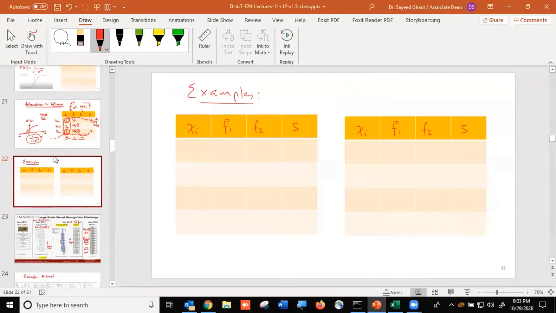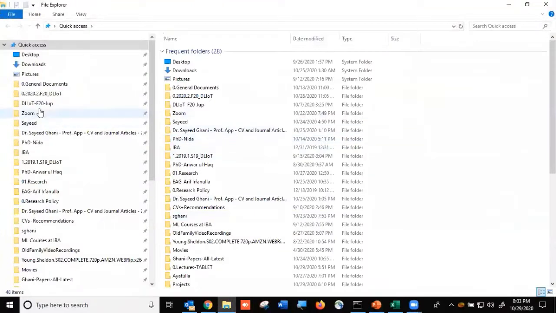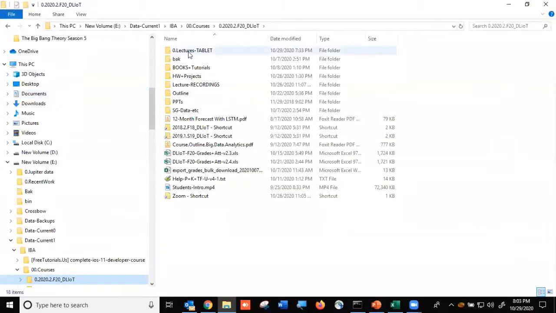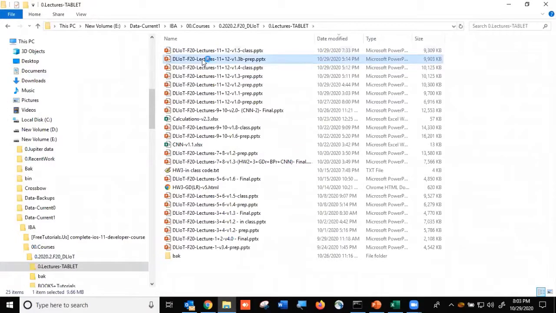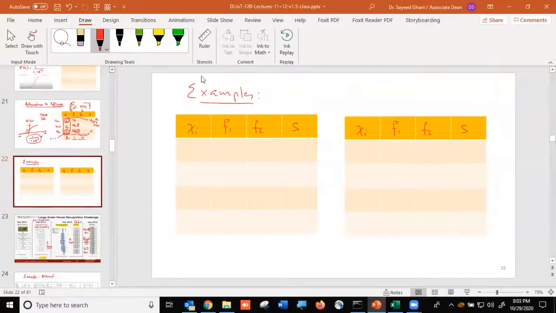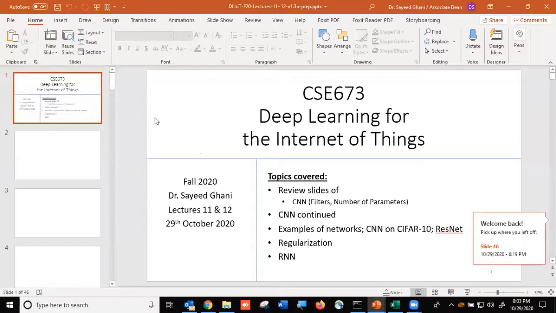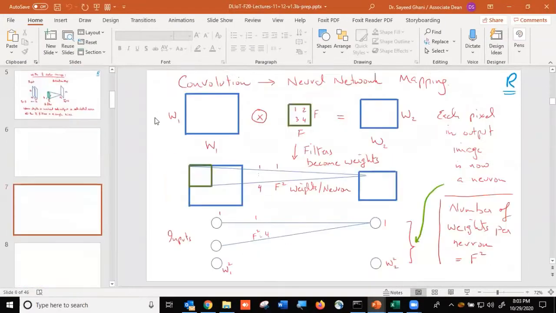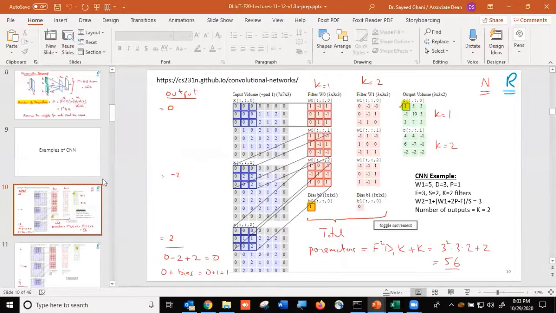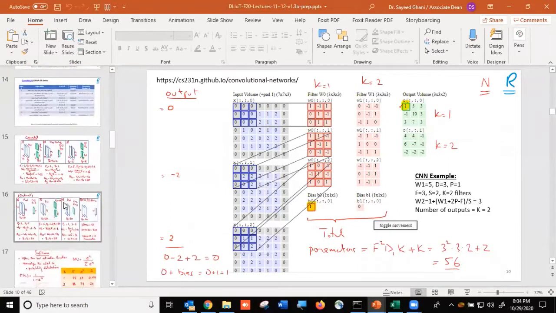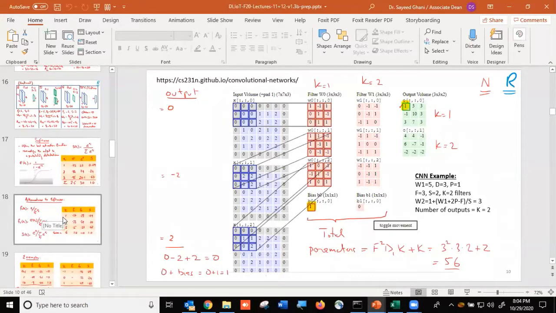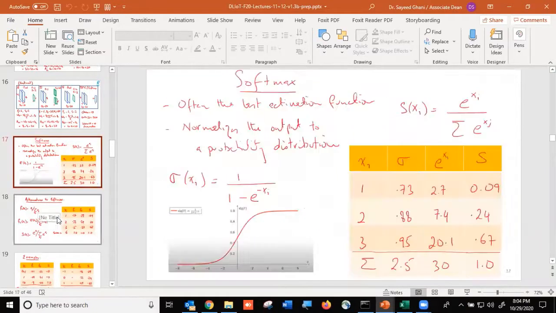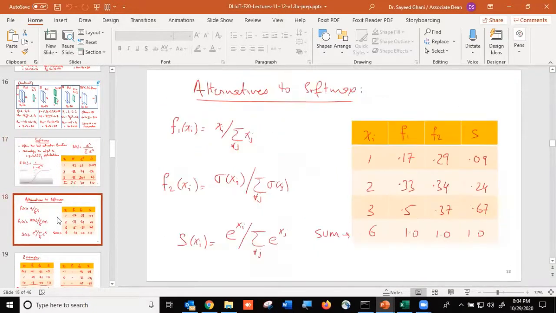Let me give you a few examples of Softmax. Okay, so here's an example of Softmax.